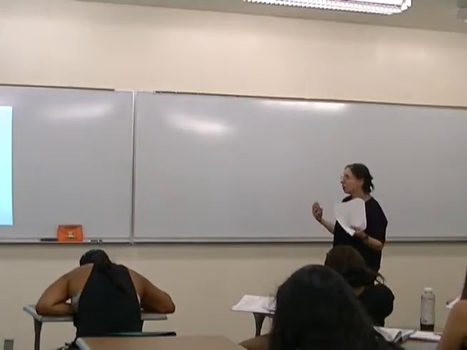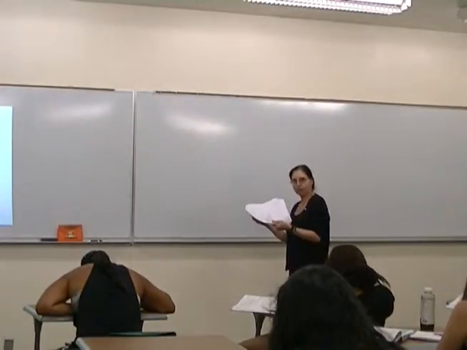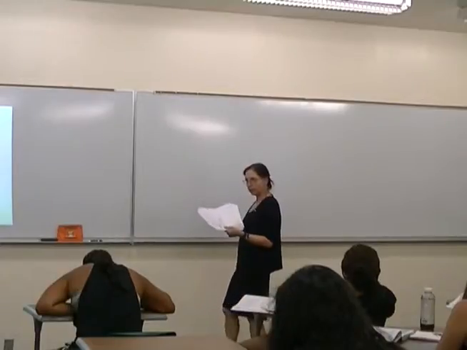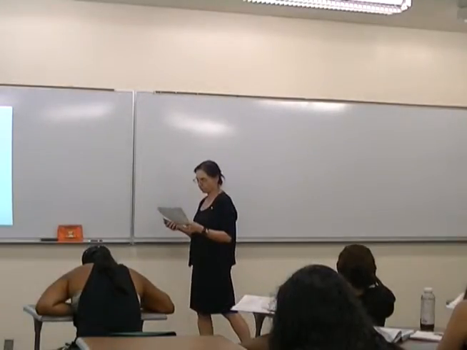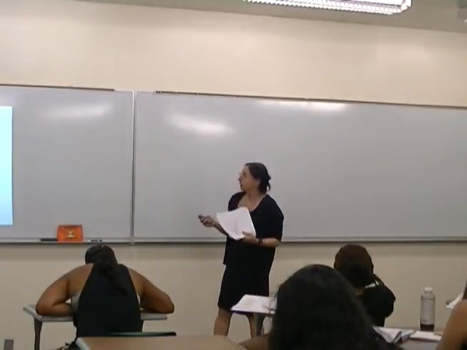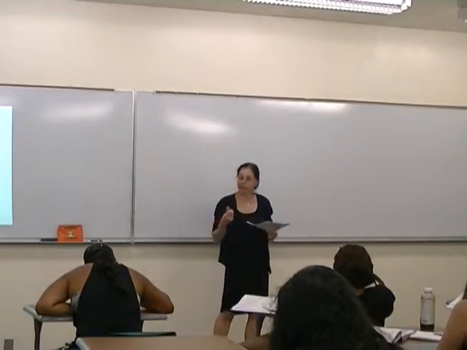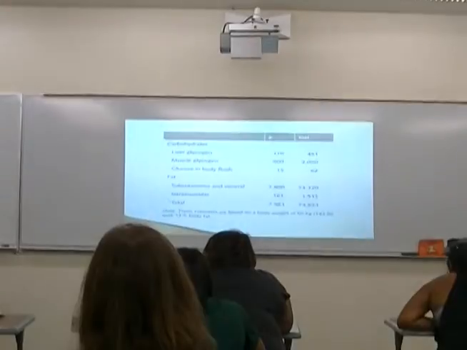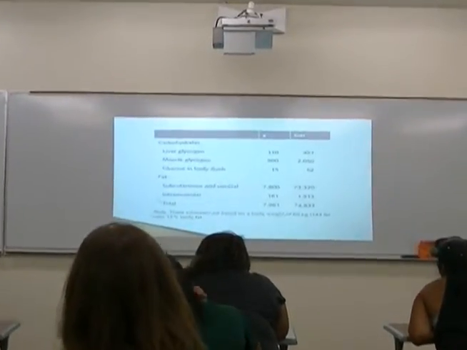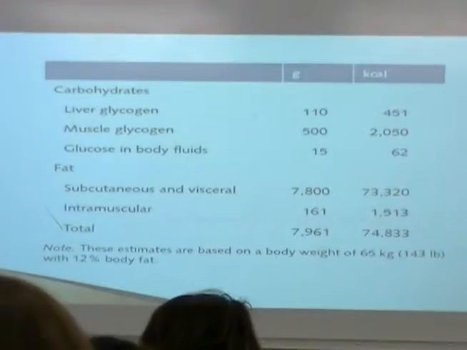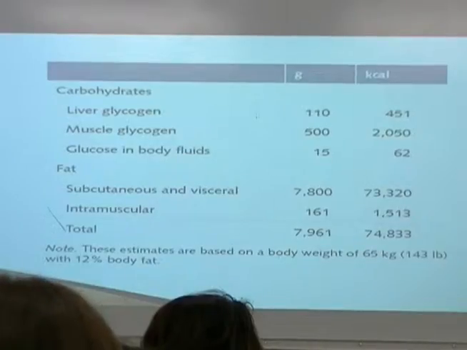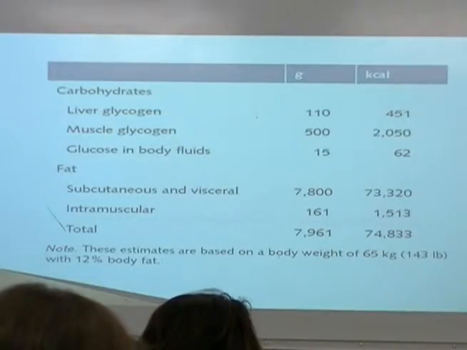So there's a lot of energy in a fat molecule that we can get at and use. And what we're going to look at here is the fact that fat stores in the body are abundant, right? They can't be depleted, and therefore fat or lack of fat is never a source of fatigue, okay?